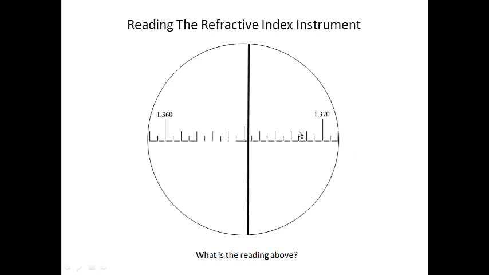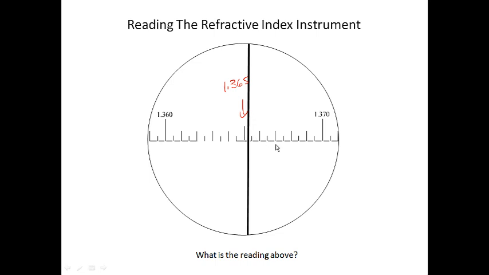Well, how do we make this measurement? We look and we see that the difference is 1.360 to 1.370. There are 10 graduations here. This is the 5. So at the dead center here, what you have is 1.365. That's this graduation.